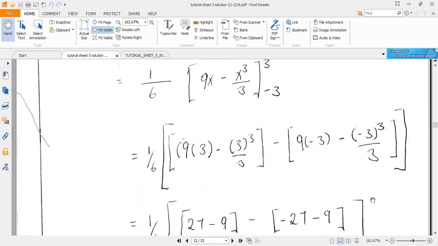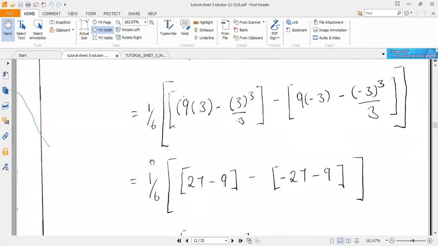So now you notice that when you simplify these, you always multiply by 1 over 6, which is outside the curly brackets. So 9 times 3, we know that it's 27. Then we can reduce the 3 to the power 3 here, we can cancel one 3, so we remain with 3 to the power 2, which is 9, minus the minus which is there.